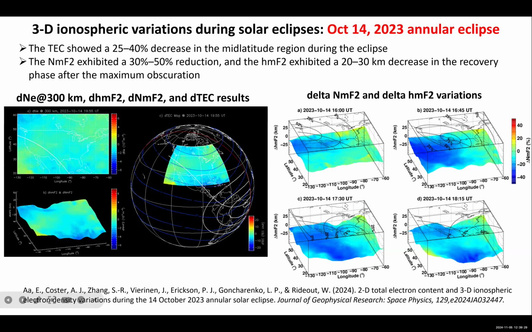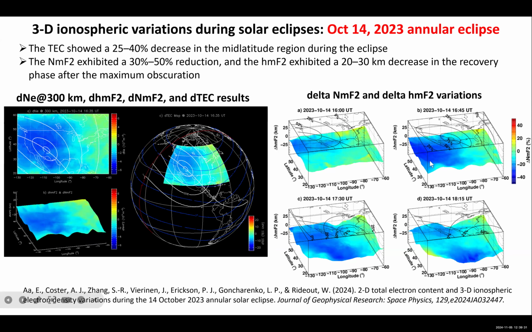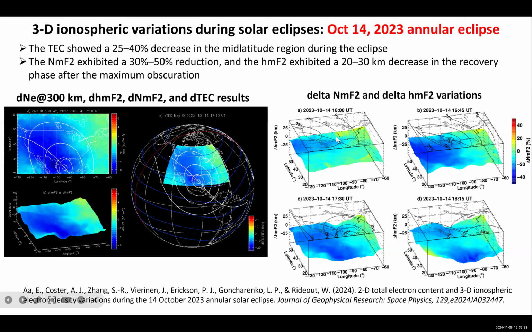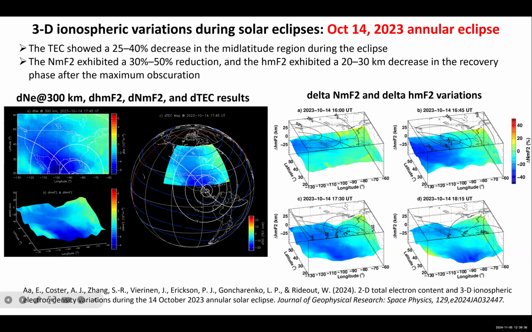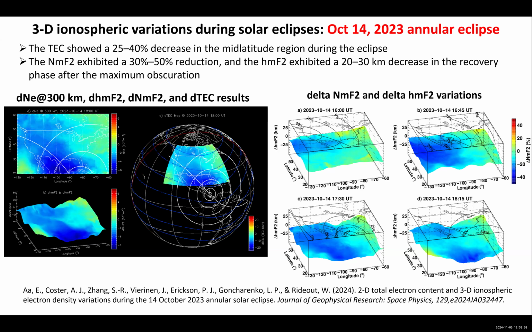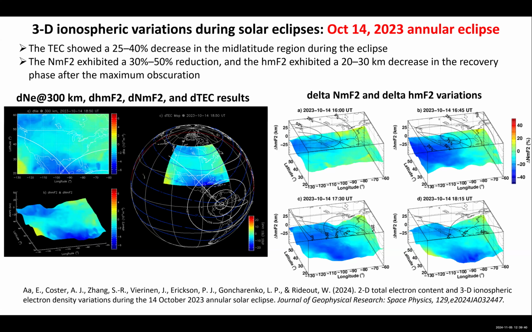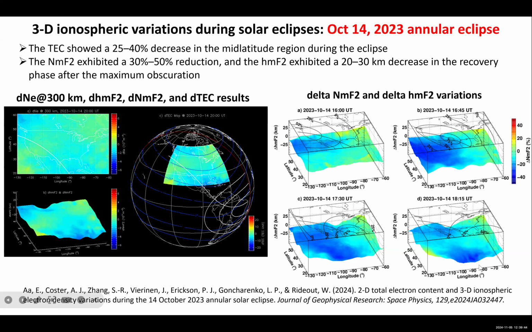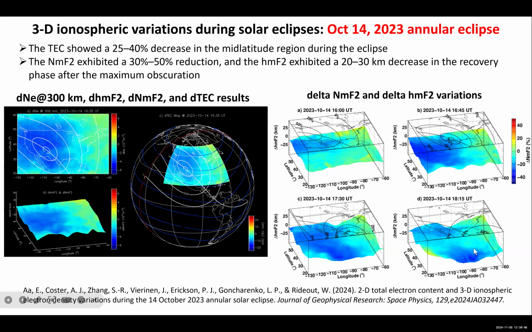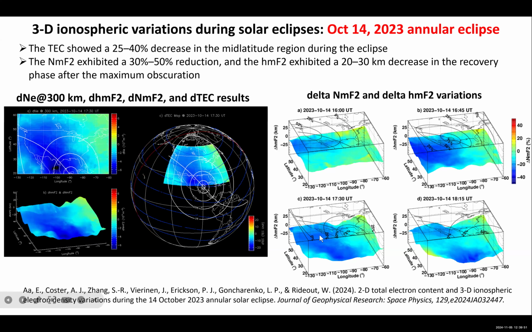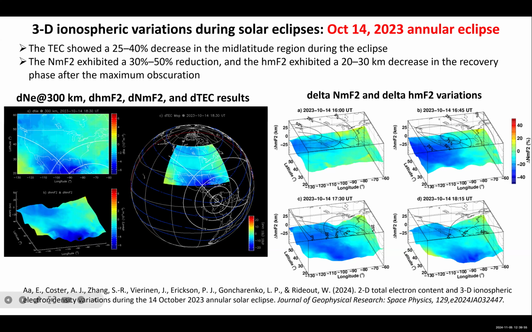The HmF2 variation is very interesting. We can see from here snapshots from 4 different UT intervals. After the maximum obscuration, during the recovery phase, the HmF2 shows a decrease of about 20 to 30 kilometers, while the NmF2 also shows a 30% to 50% reduction.